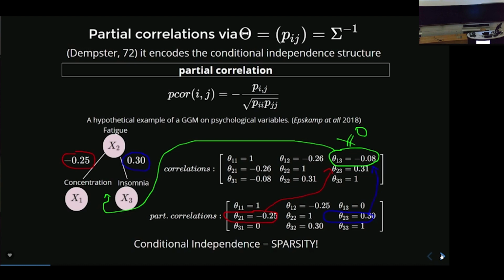So how do you set theta 1,3 to 0? I didn't set it. It just comes from the direct calculation. So you measure correlation, then you invert the matrix, and that will give you the precision matrix that expresses the conditional independence or conditional dependence.